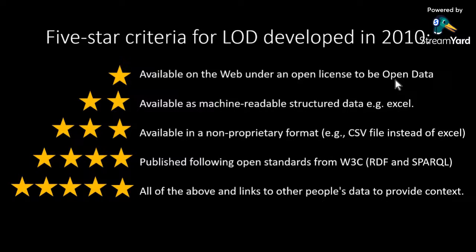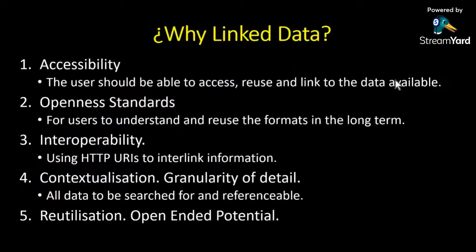So in order to get the 5 stars, the data has to be open, structured, in a non-proprietary format, published using open standards like RDF and SPARQL, and it has to be interlinked. It has to be connected to other sources that enrich and provide more information to our own data.